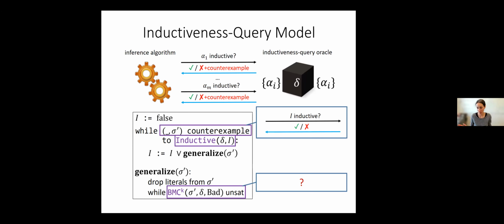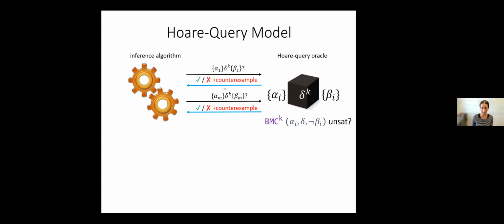So what we did is define another query model that will allow us to ask this question, and then we can compare these models and ask ourselves, do we really need the second model? Let me now define the second model that we consider, the hoare query model. The story is the same; the difference is the kind of queries that we can ask.